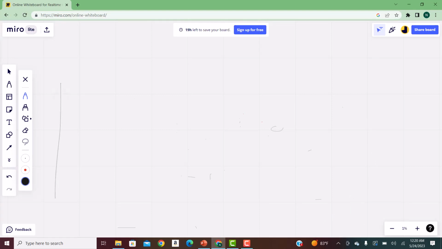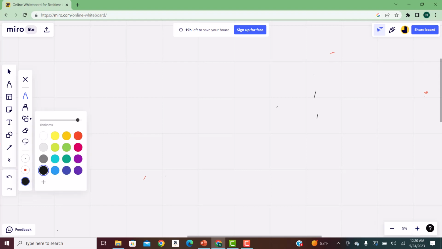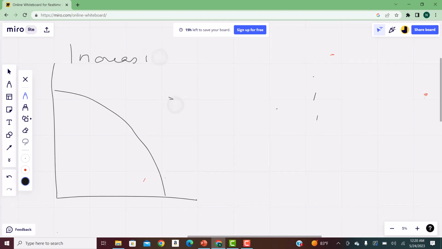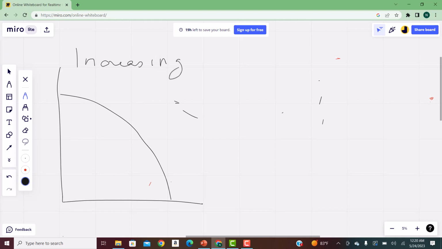So if we have a graph like this, which we saw, we have increasing opportunity cost, which means as we move along the curve, from one point to another, the opportunity cost will be rising, and that's why we have a shape like this.